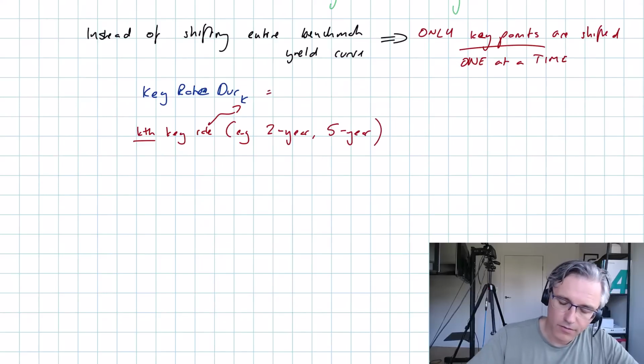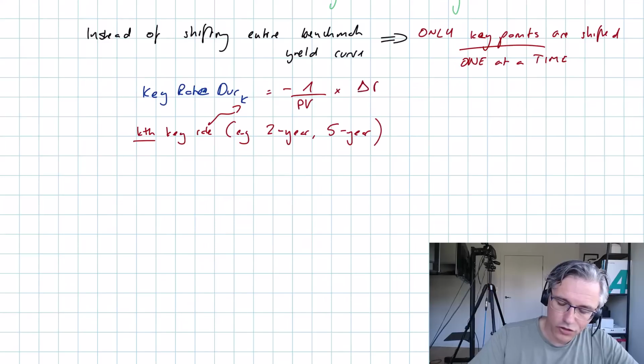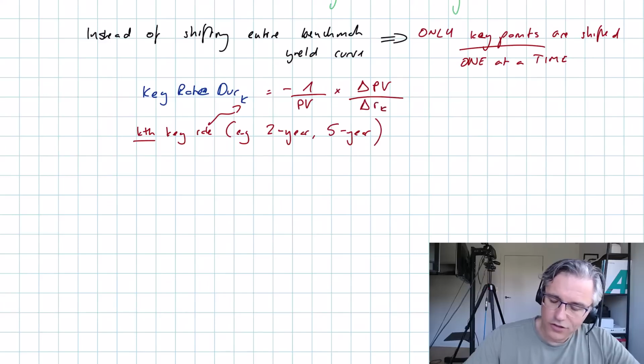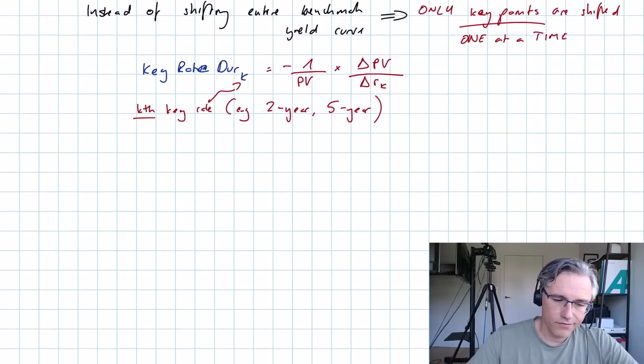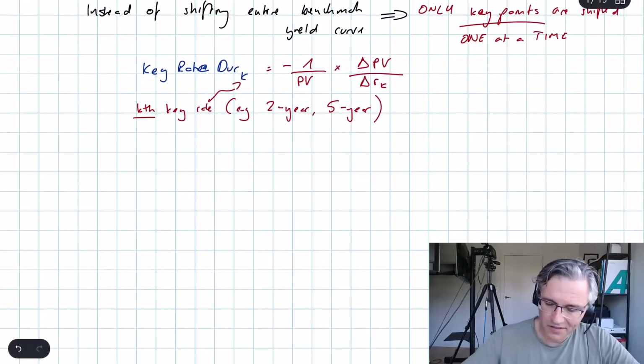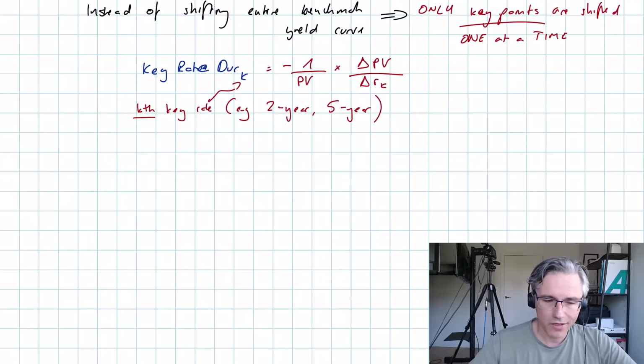It is going to equal the negative of 1 over PB, the current price of the bond, multiplied by the change in price due to the shift, divided by the scale of the shift itself. Now, the formula is given. I don't think anybody will get you to compute this. It's quite onerous.